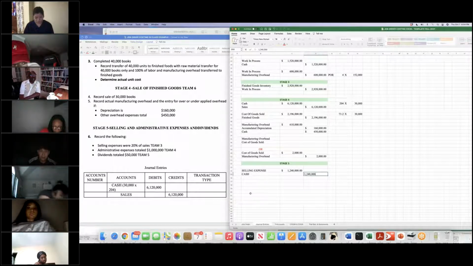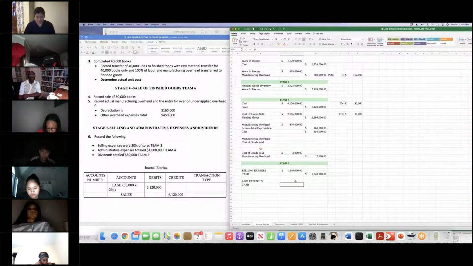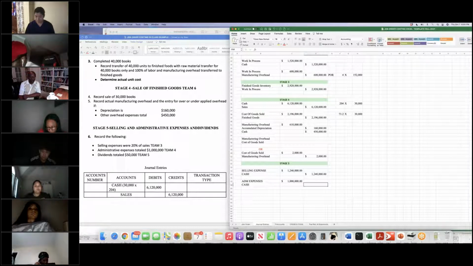Then we got to pay the administrative expenses. And so the administrative expenses were $1 million. So you can see there's only a couple of difficult journal entries as we're focusing on the manufacturing process.